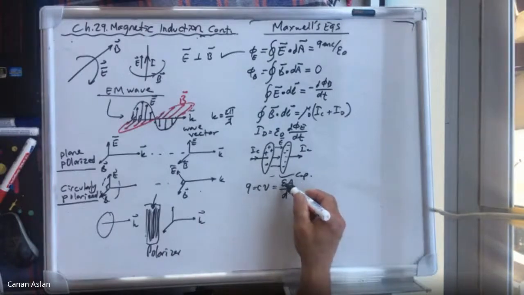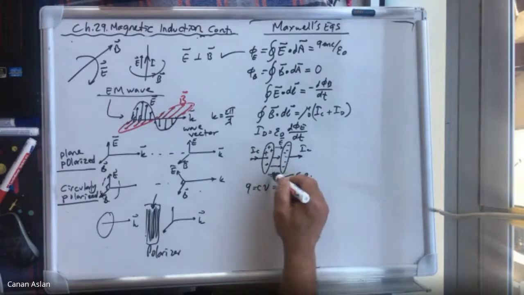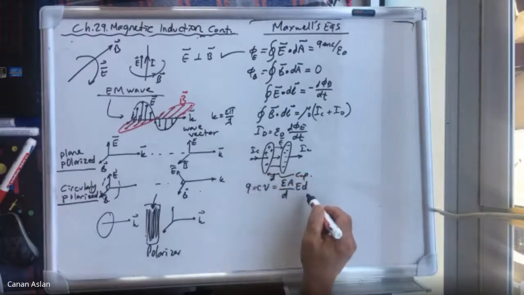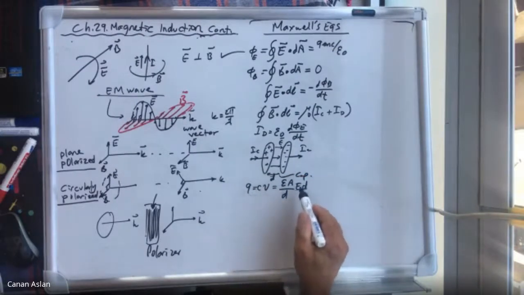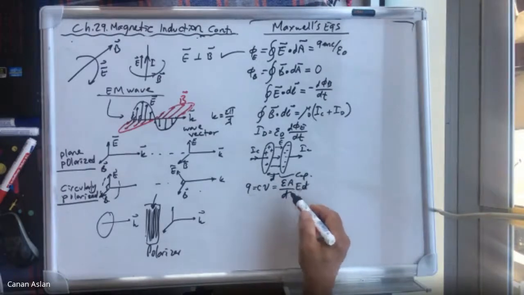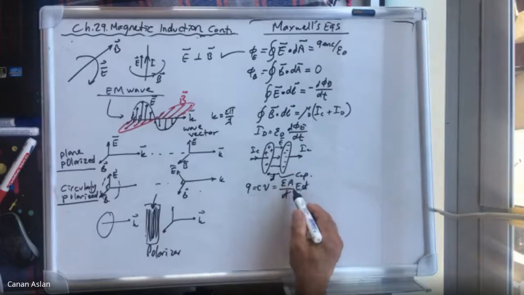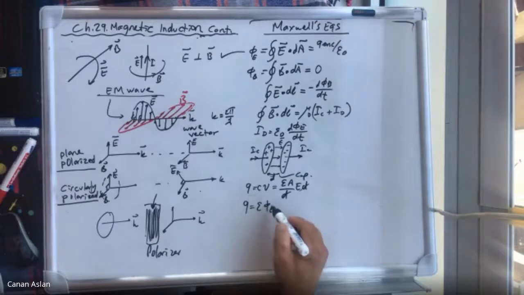This is the reason that I've written epsilon here. Now the potential difference is just E times D, if D is the distance of separation. In this case, if Q equals CV, then these cancel, and we have electric field times area, which is just the electric flux. Q happens to be epsilon times phi E.